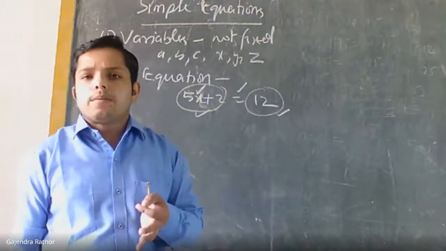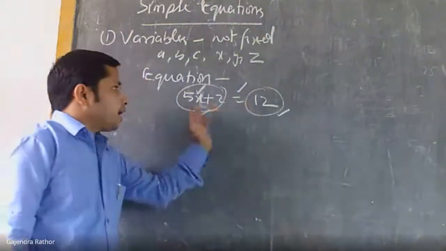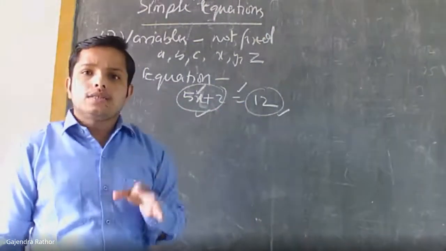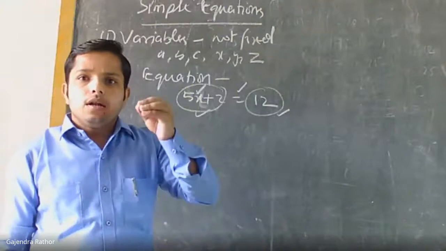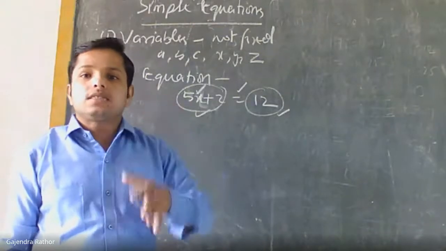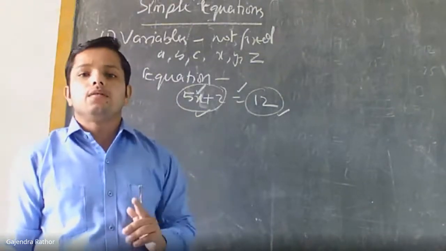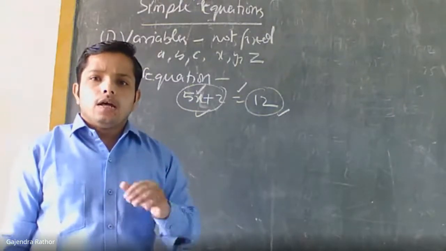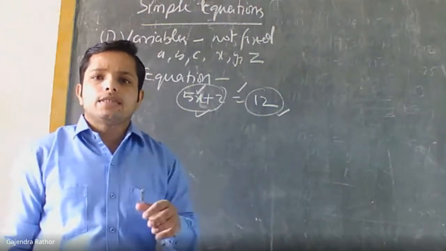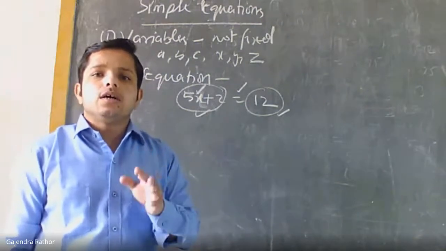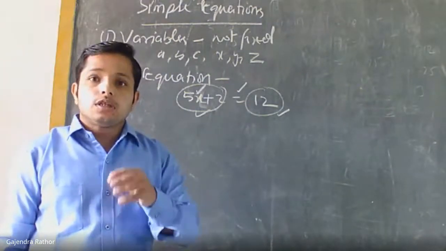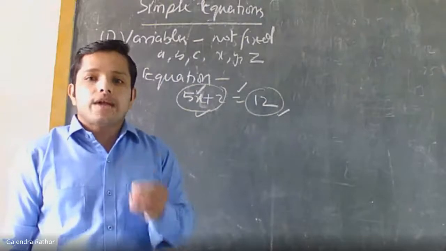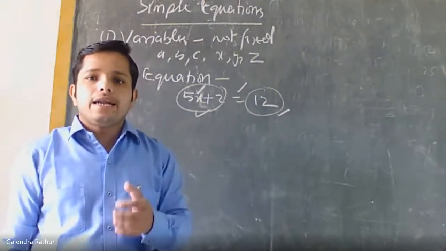One point we should remember: there are two sides, LHS and RHS. One side must include a variable. If it does not include any variable, it will not be an equation. It will be just an expression. So this is the difference between an expression and an equation.